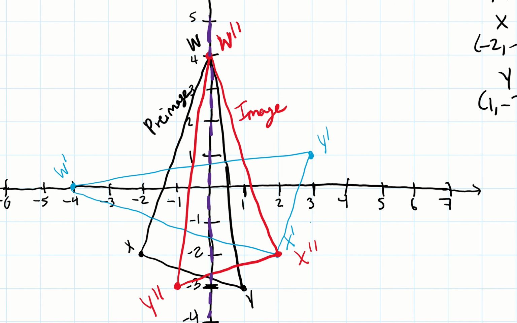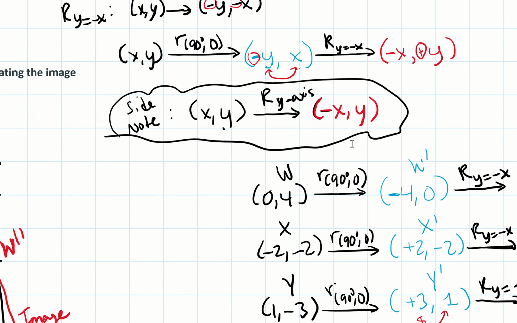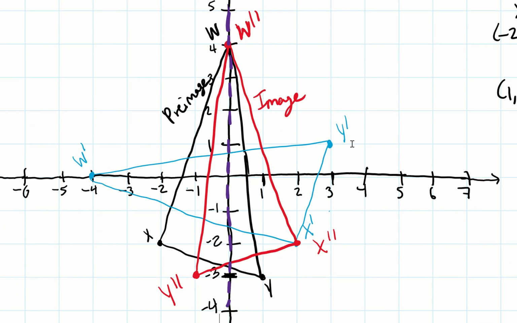You can see that it's the same thing as reflecting about this purple. It's a mirror image about that purple line. So it's the same thing as doing a reflection about the y-axis, as we mentioned earlier, as a side note.